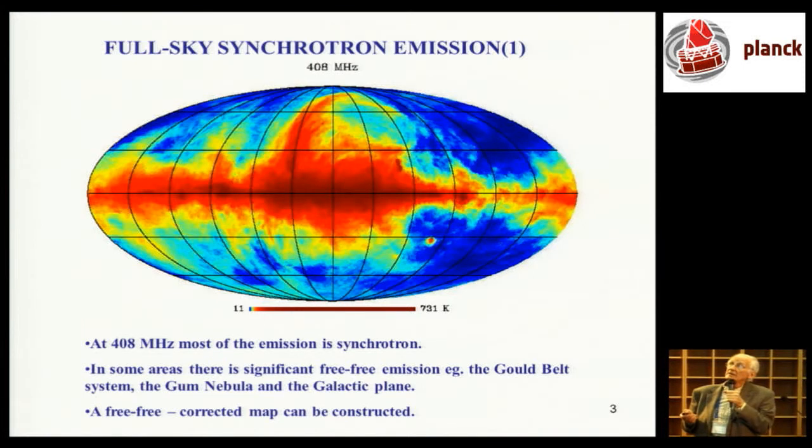Things like these arcs here are part of what we call the Gould belt system, which is emission from a region that we'll define a little later, but it's in the south here and in the north here, and it's all muddled up with these other features which we'll come back to. There's a big challenge in front of us at the low frequencies to understand everything in the sky.